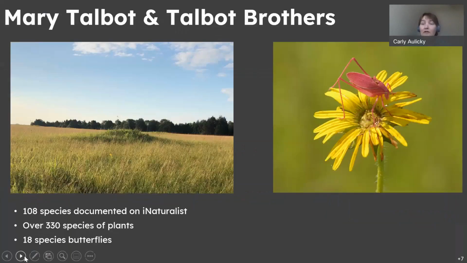We are also lucky enough to be able to protect 2 parcels of Sylvia's dropseed prairie in Northeast Texas. So we have a family that has worked with NPAT to leave us, again, 2 pieces of property, first from Mary Talbot, and then a second property that was worked out with her sons.